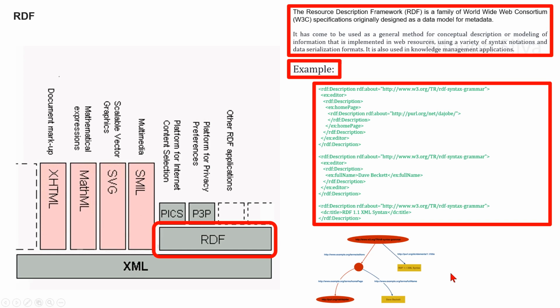In the striping shown here, rdf:Description is the node element used 3 times for 3 nodes, and ex:editor, ex:editor, and ex:homePage, which is not shown here in this code segment, are property elements.